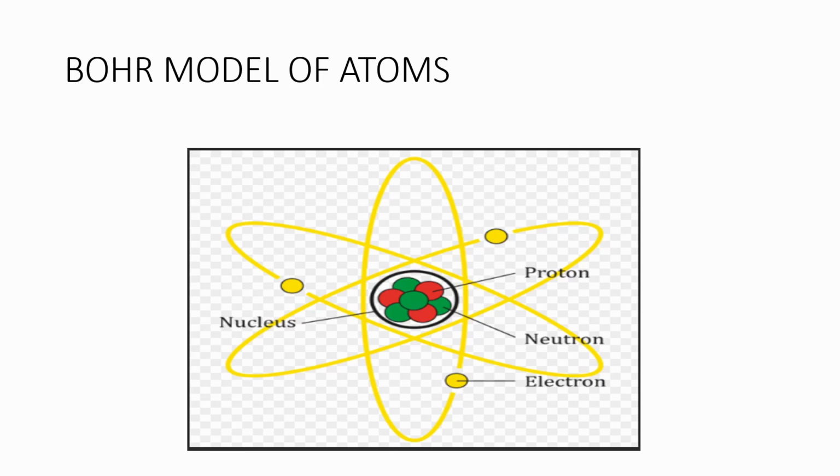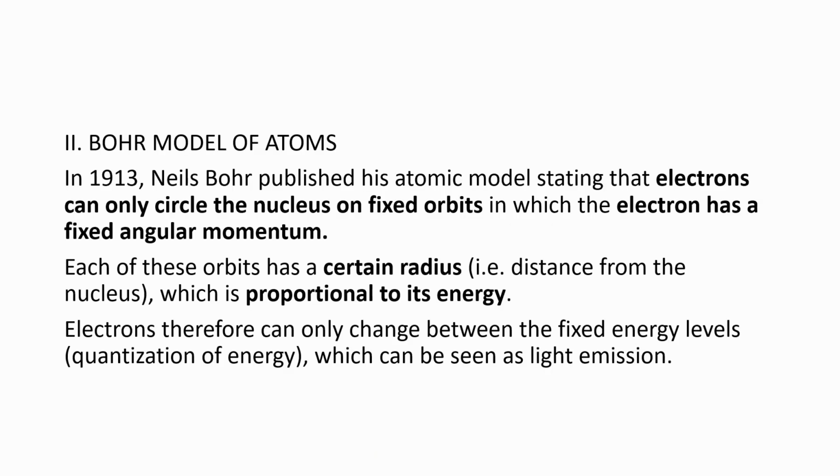The next model was devised by Niels Bohr. In his model of atoms, Niels Bohr proposed that electrons can only circle the nucleus on fixed orbits in which the electron has a fixed angular momentum.